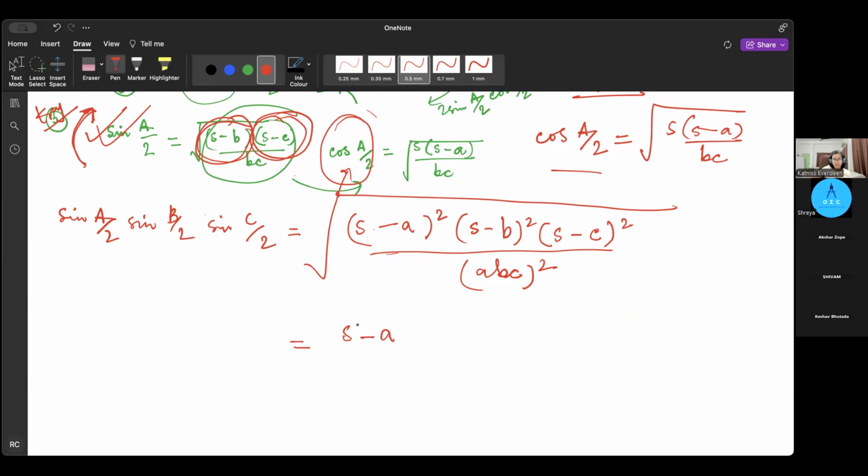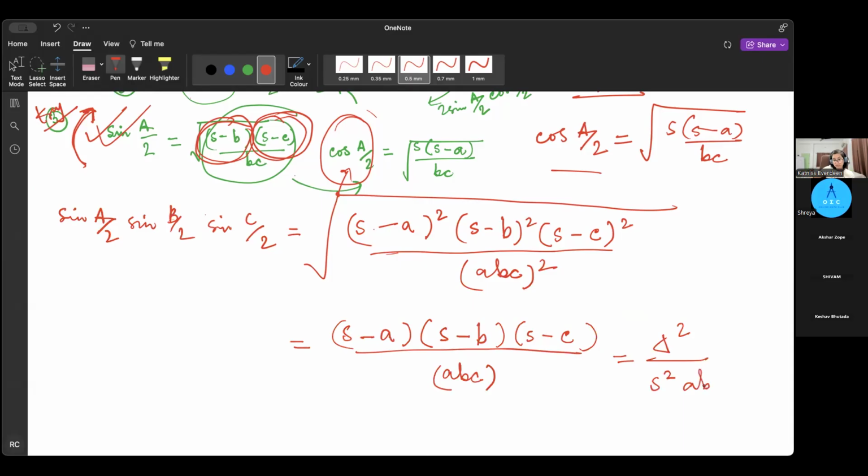I'll take that as a yes. So this is s minus a, s minus b, s minus c. And do you see that this is absolutely like Heron's formula? Oh, sorry, the whole square there. All right, so this is just delta squared by s squared ABC.